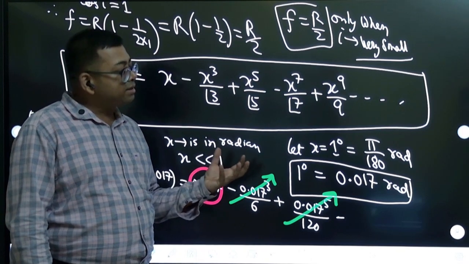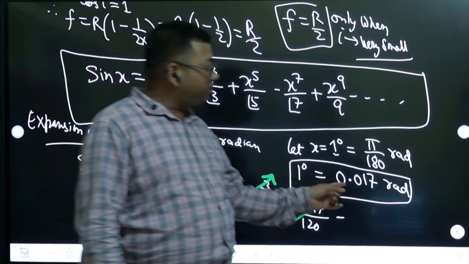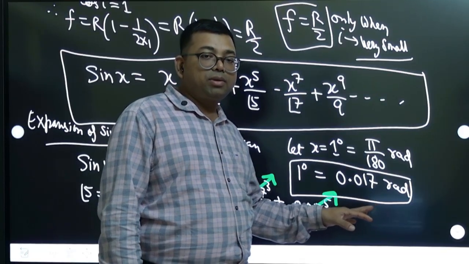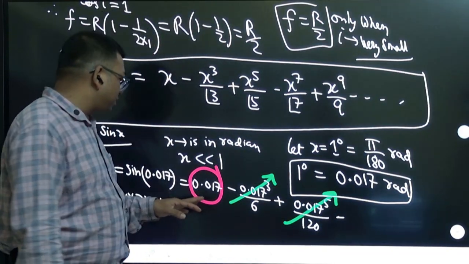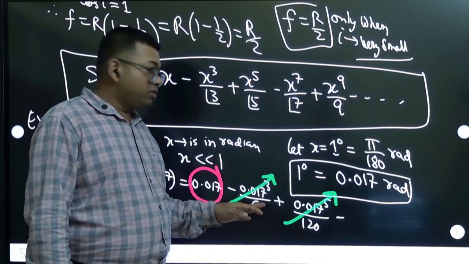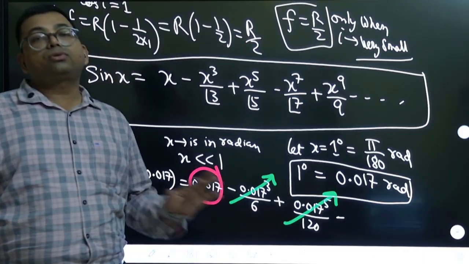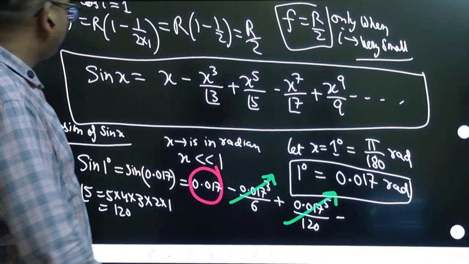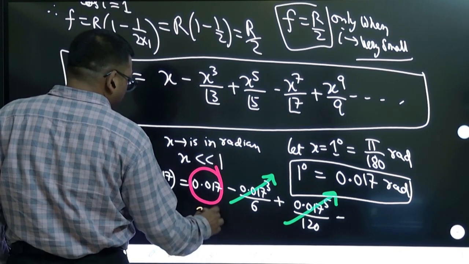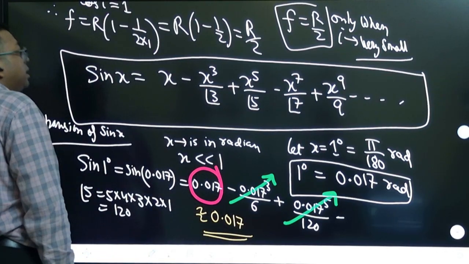So even 10 degrees can be approximately written. 10 degrees means 0.17 radian, and here the cube will also become small. So you can use only the first term, but you should know this is an approximation. So sine of this can be approximated to 0.17.